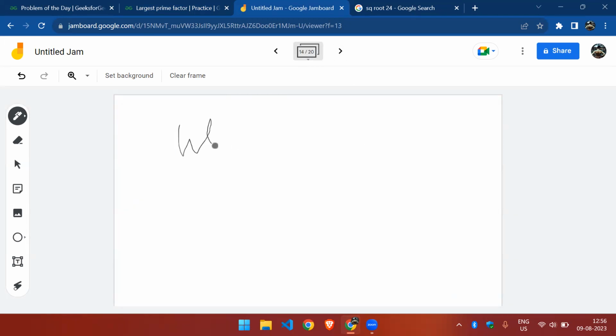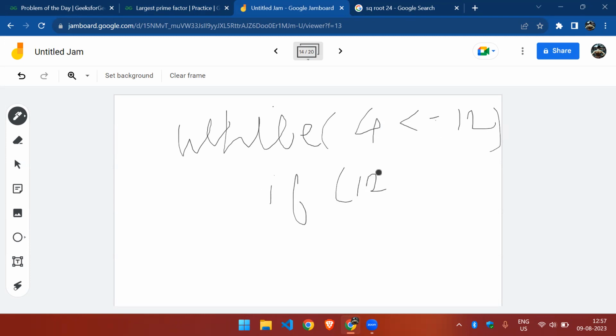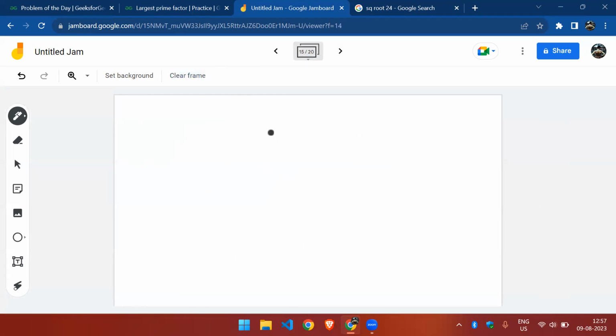Now we check the while again: 4 is less than or equal to 12. Yes, our 4 is less than 12. Then we check if our 12 is divisible by 2, so we try to remove the factor of 2 from our 12. Yes, it is divisible, so our n becomes 6. Now, on the third iteration, we again check if 4 is less than or equal to 6.